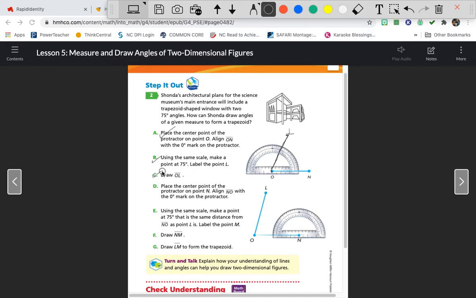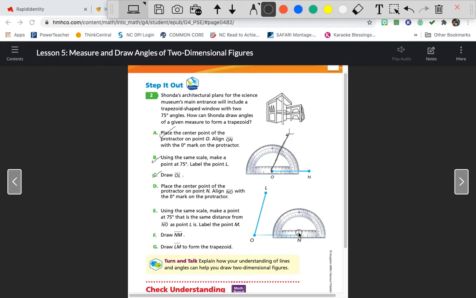So we've done B and C. Now it says place the center point of the protractor on point N. So you're going to flip your protractor over and you're going to place it on N. Align NO with the 0, same idea. So they show you in the second illustration. Here's N, the center point.